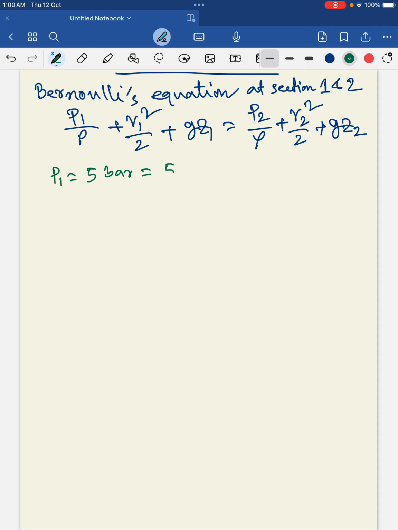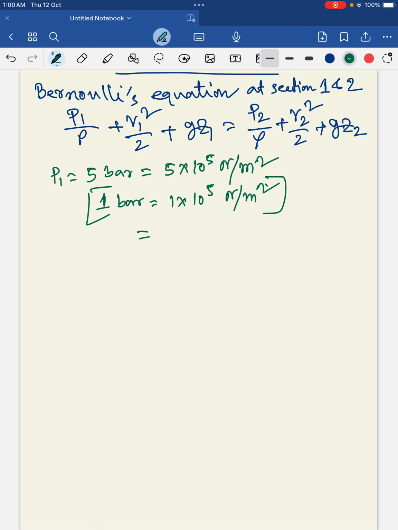So you can write 5 into 10 to the power 5 Newton per meter square. Now 1 bar is equal to roughly 1 into 10 to the power 5 Newton per meter square. So from that we can easily calculate P1.